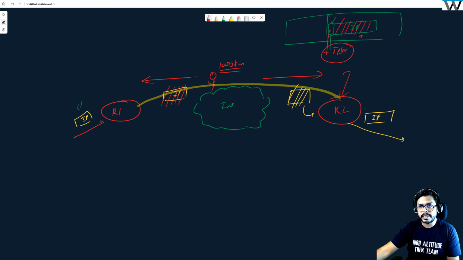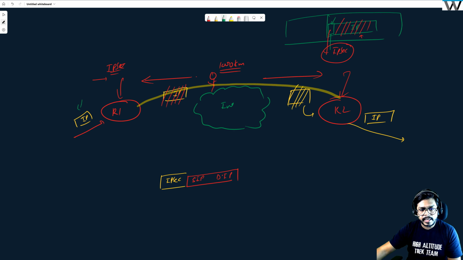So how is a typical IP packet going to look? When it goes into this router R1, suppose this is the packet, it is going to contain source IP and destination IP. The sole responsibility of R1, given that it is instructed to do IPsec to secure your messages, is to put an IPsec header on top of it.